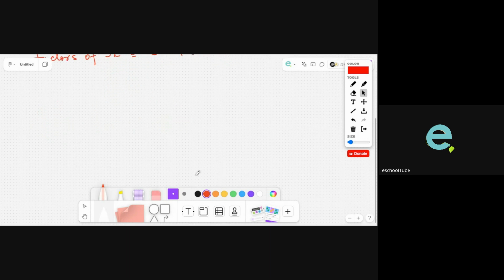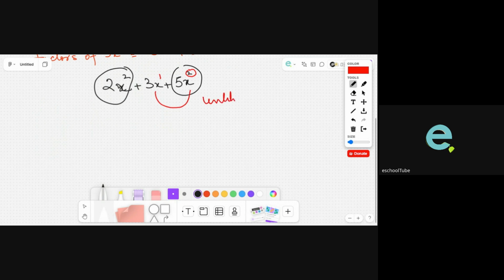For example, if I write an expression 2x square plus 3x plus 5x square. अब इसमें लाइक टर्म्स कौन से होंगे? 2x square plus 5x square. हाँ, एक तो वेरिएबल सेम होगा और उसका पावर भी सेम होना चाहिए. अब इसमें पावर x का, what is the power? 3x का पावर is 1, here पावर is 2. So ये और ये आपस में लाइक टर्म नहीं, they are unlike, whereas these two are like.